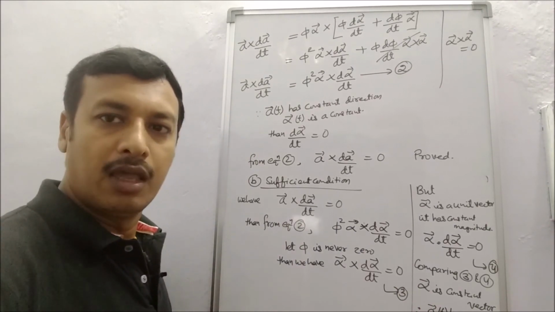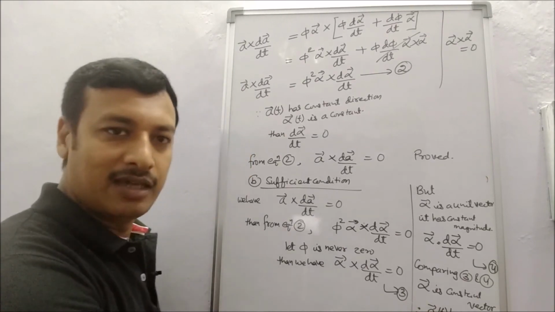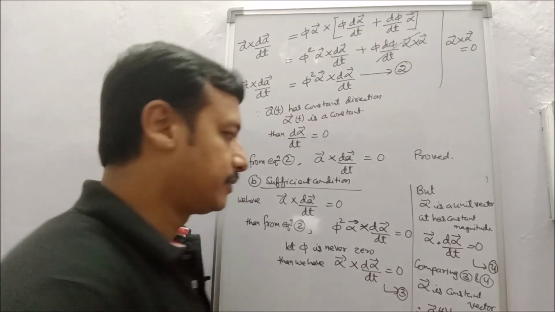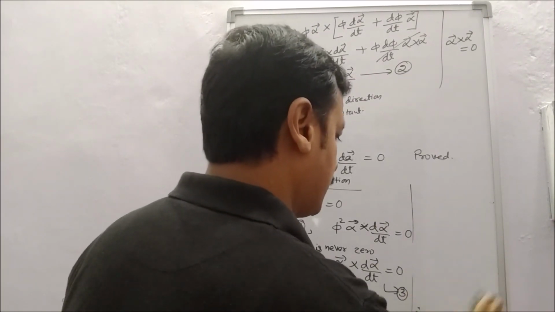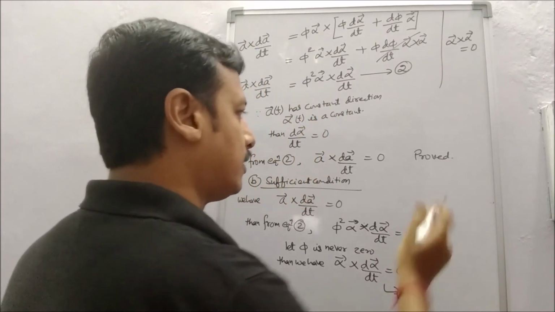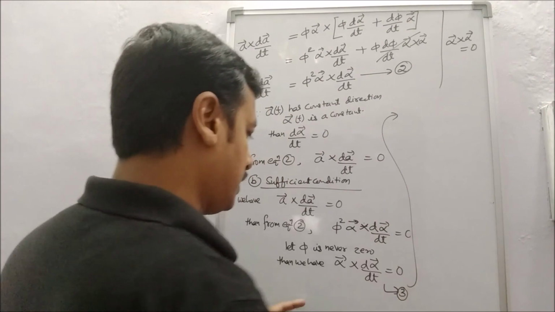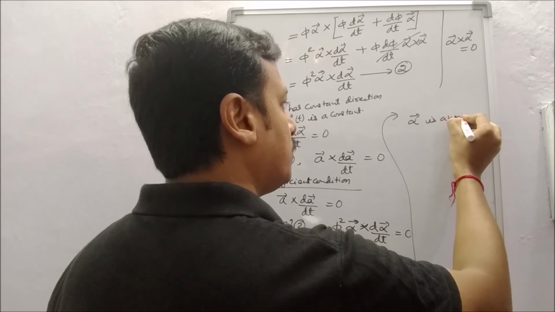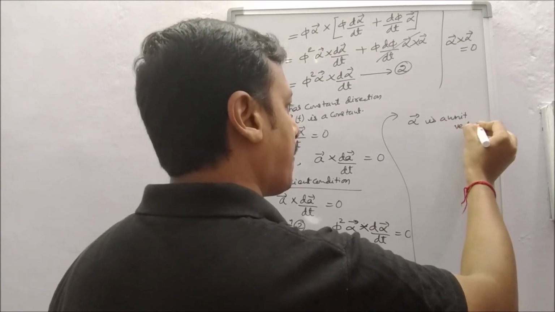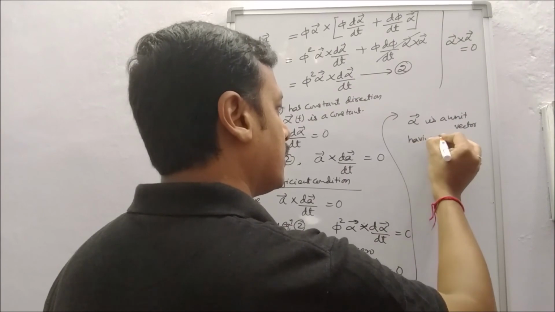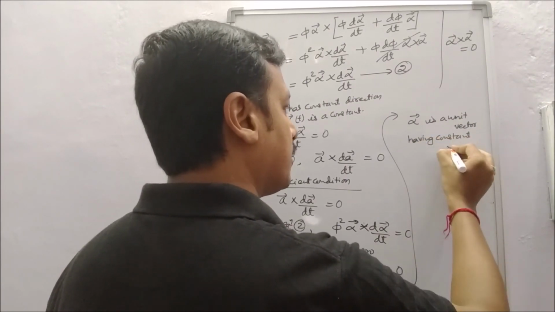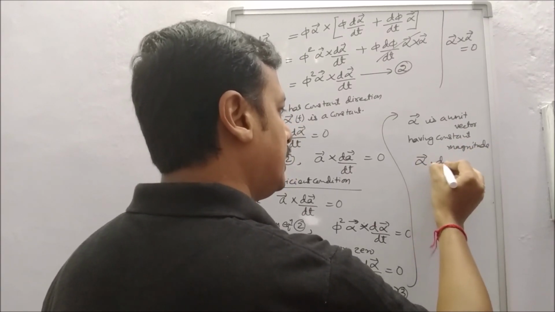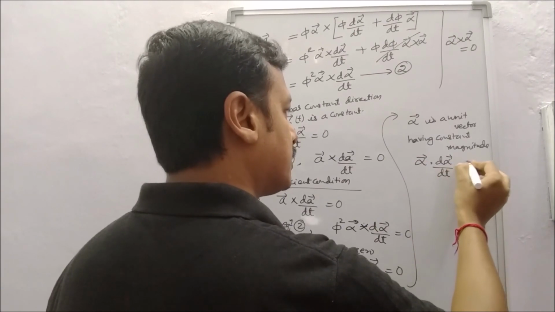Okay. If it is not clear here, we are writing it again in the upper part. Alpha is a unit vector having constant magnitude, so alpha dot d alpha by dt is equal to 0.